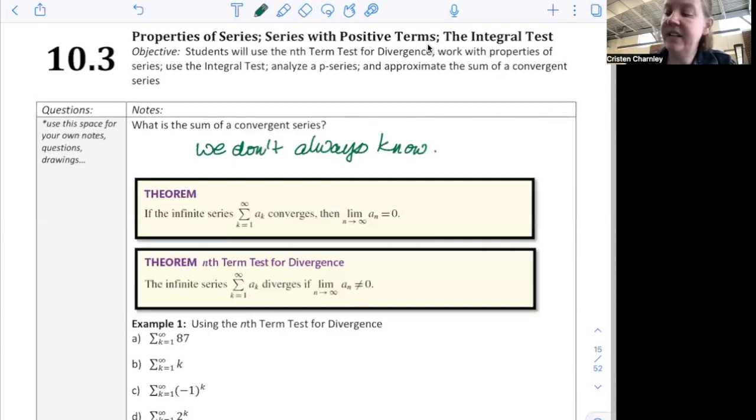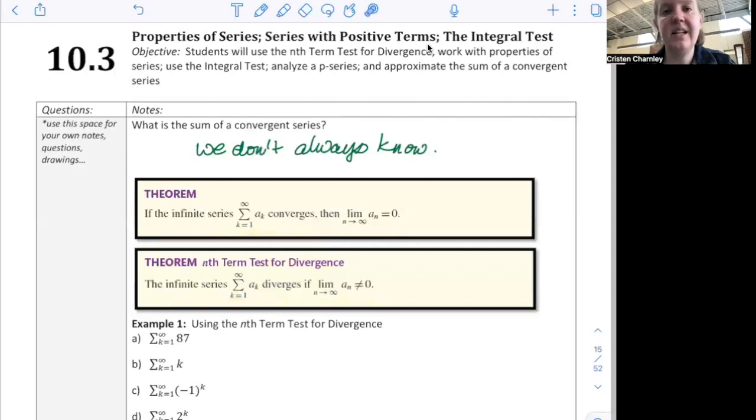If the infinite series converges, then the limit of a_n is equal to 0 as n approaches infinity. If an infinite series diverges, that limit is not 0. What it doesn't say is that if the limit is equal to 0, the series must converge.